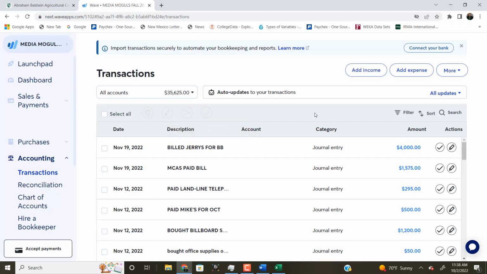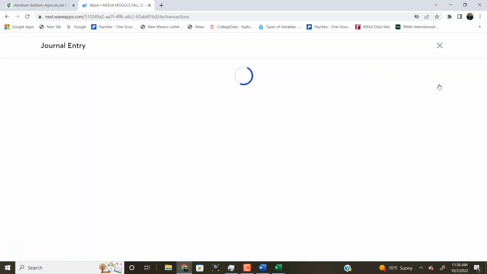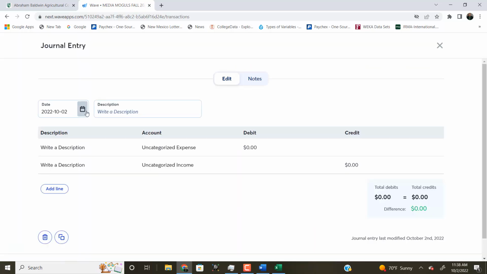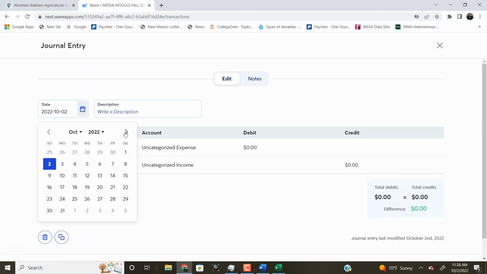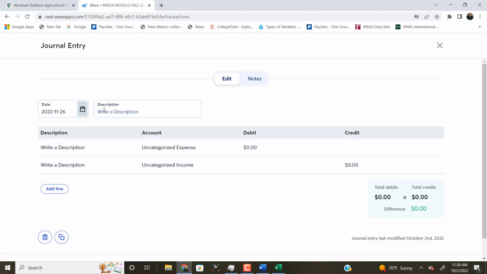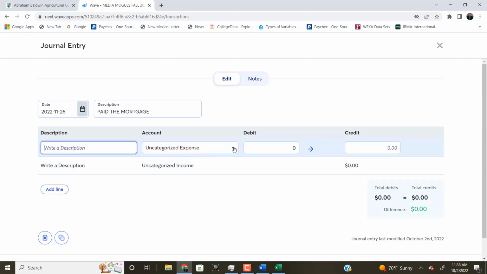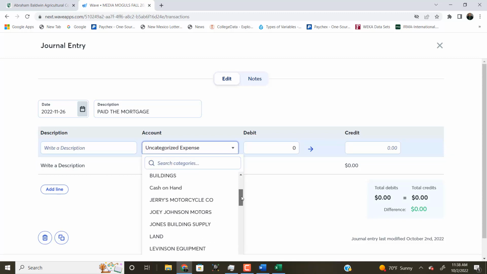And so now what we're going to do is go to more and add a journal transaction. This will again be a more complex journal transaction because it's going to affect several things. It's on the 26th, and the description is to pay the mortgage. Down here under uncategorized expense, what we're looking for is interest expense.